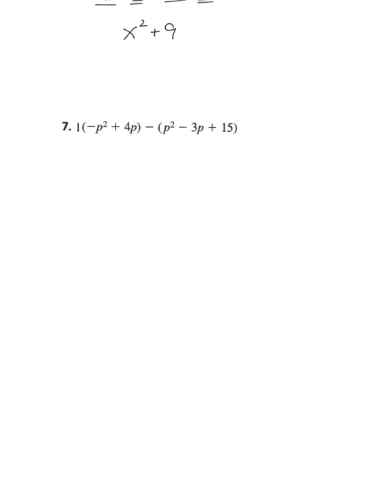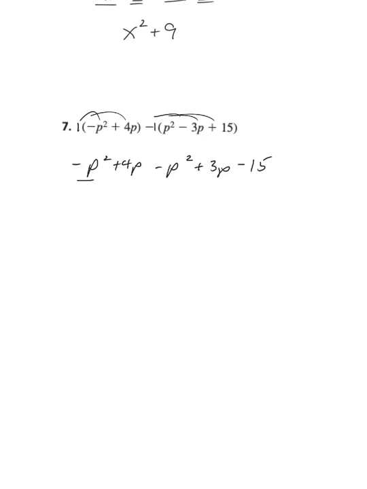Again, we have a positive 1 in the front of this one, a minus 1 in front of that. So distributing 1, we get minus p squared plus 4p. Distribute the negative 1, we get negative p squared plus 3p minus 15. Notice that the negative 1 turns all the signs into their opposites.